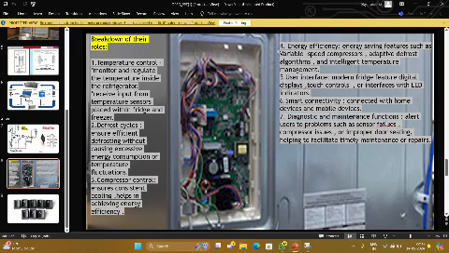Diagnostic and maintenance functions. You need to diagnose the problem which is happening inside the system and also maintain it. Alert users to problems such as sensor failures, compressor issues, or improper door sealing. The important thing is that improper door sealing will cause greater damage to the system, so make sure you close your refrigerator properly after taking or placing something.